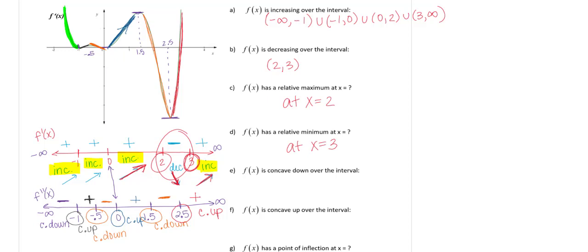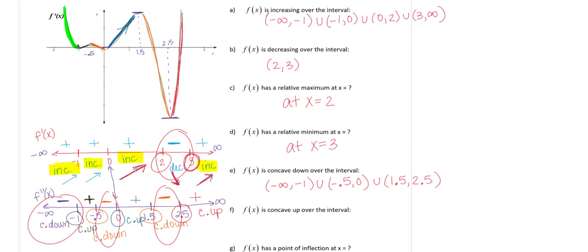Concave down, well, so I have a few intervals here, negative infinity to negative 1, negative a half to 0, and 1.5 to 2.5.